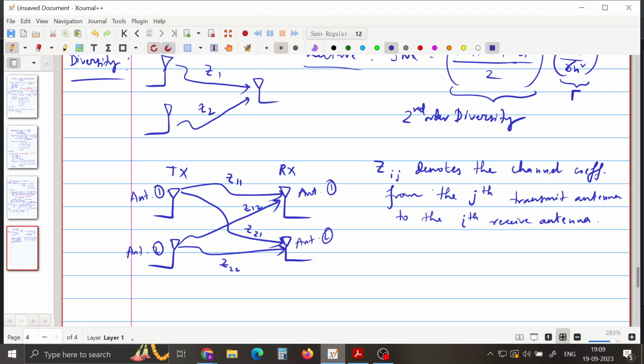That's how we have labeled them. This is a situation of transmit diversity plus receive diversity, because there are multiple antennas both on transmitter and receiver.